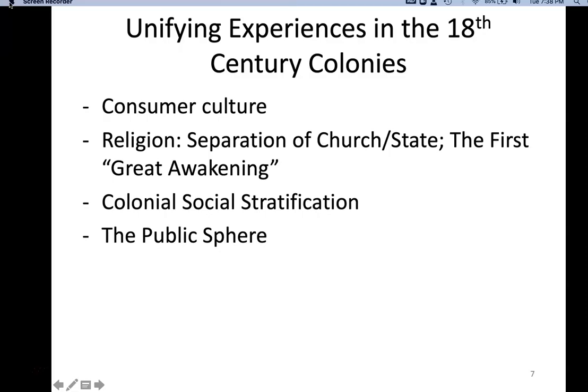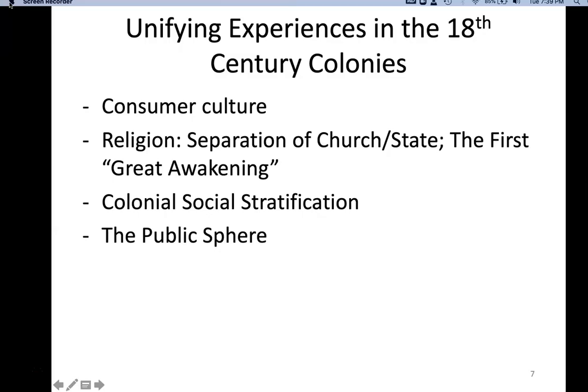Okay, so what I delineated here in this slide are four areas we're going to discuss in depth. Okay, consumerism, consumer culture, religion, and we'll talk about something called the Great Awakening, but also this notion of how religious freedom will affect governance or our approach to governance.